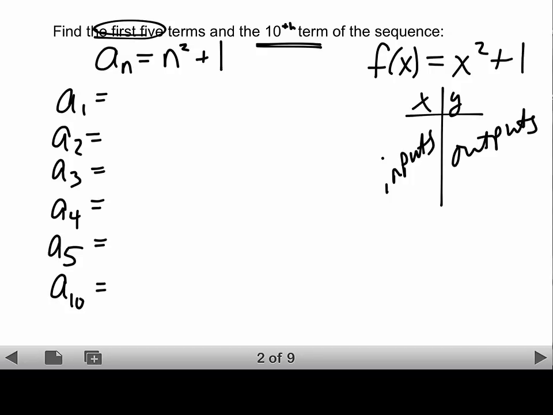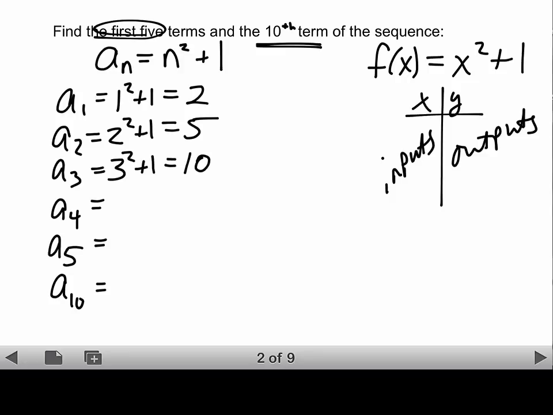A sub 1 is going to be 1 squared plus 1, which is 2. A sub 2 is going to be 2 squared plus 1, which is 5. A sub 3, 3 squared plus 1, which is 10. A sub 4, 4 squared plus... it's that easy. It really is.